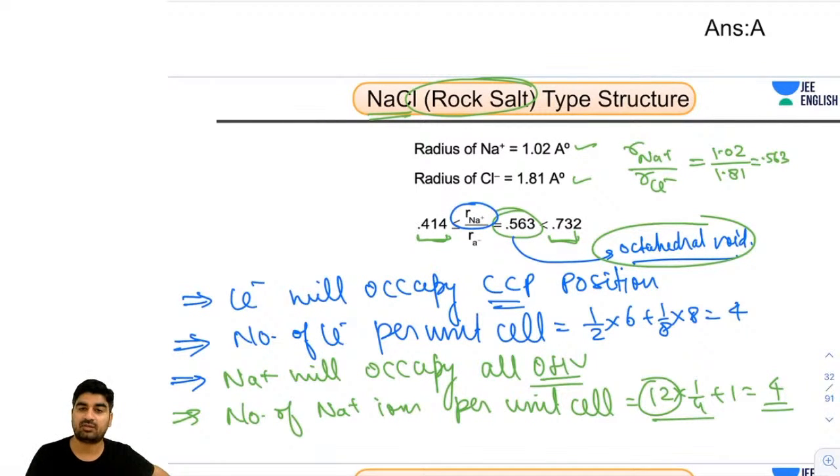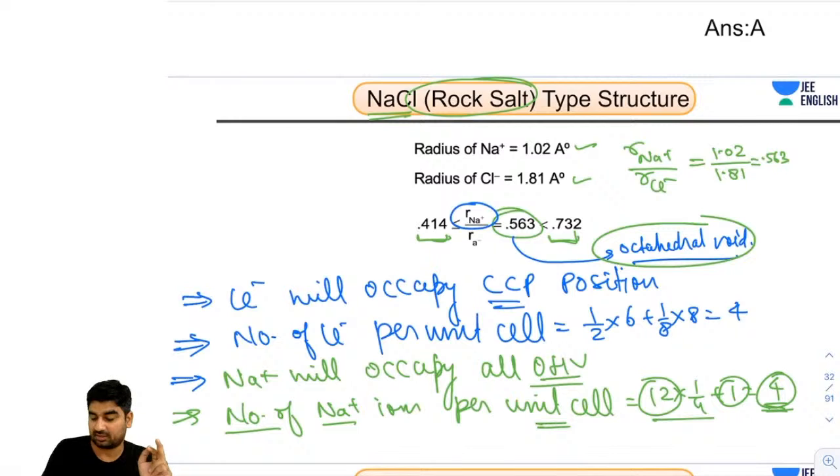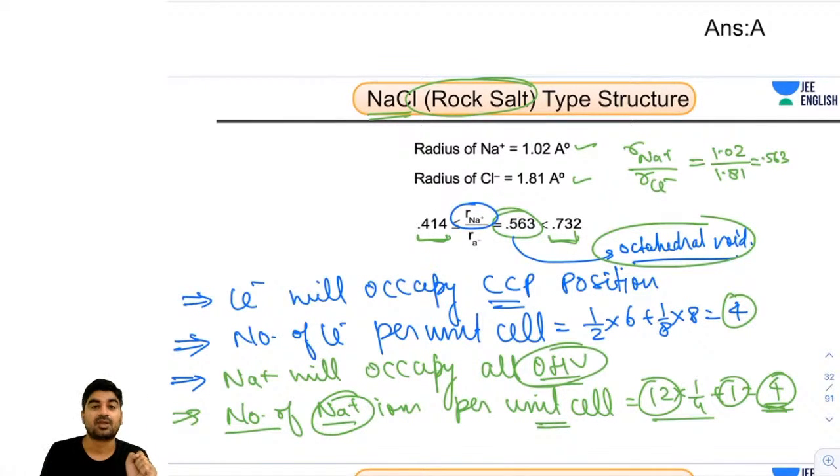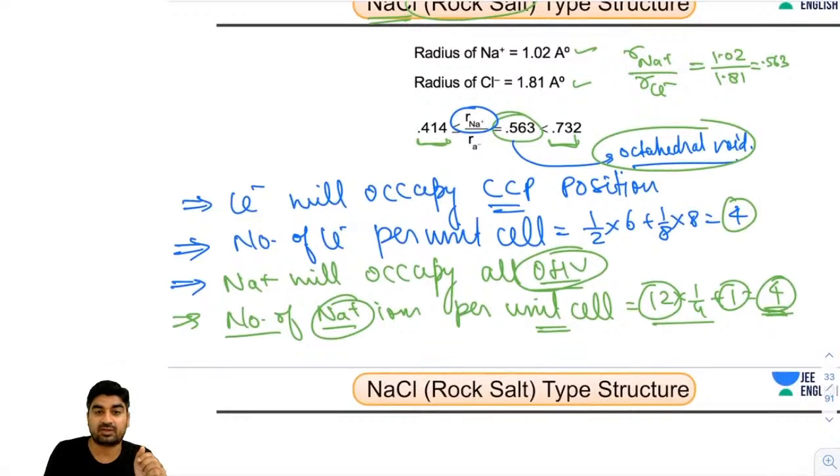And then we have one octahedral void at the body center. So there will be overall 4. So in one unit cell there are 4 Na plus and 4 chloride. And there is one more thing, because Na plus is in the octahedral void, so what will be the coordination number of Na plus?